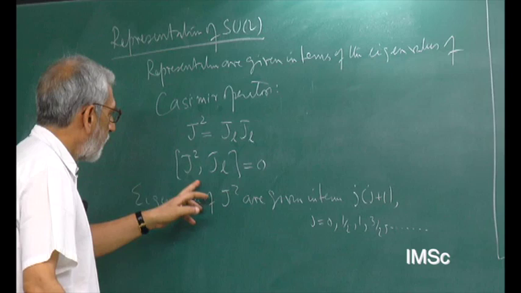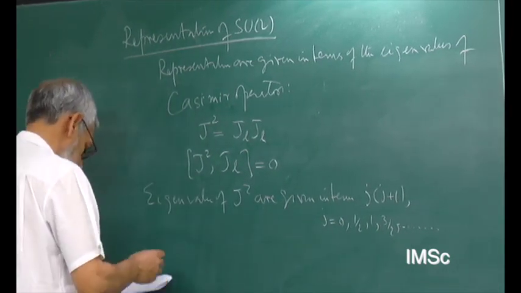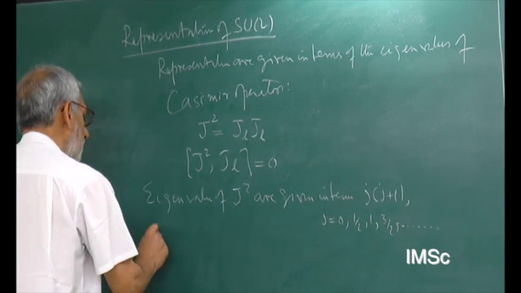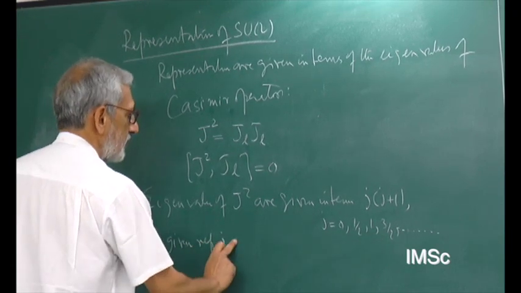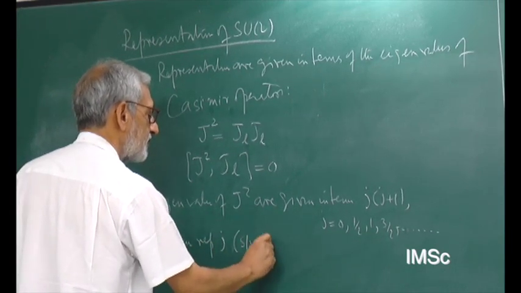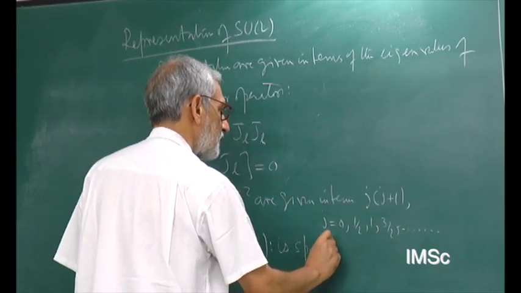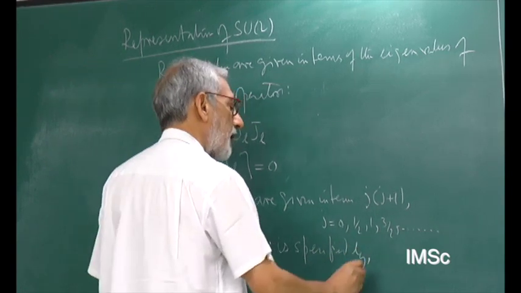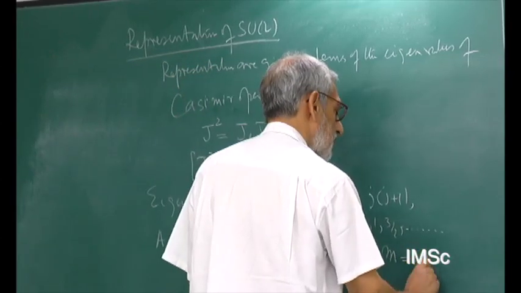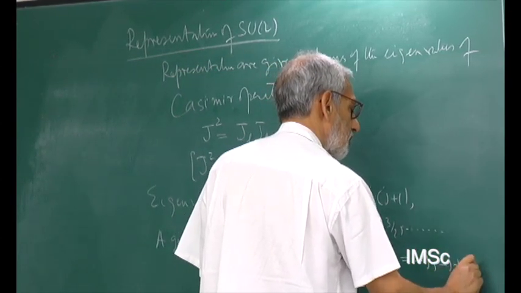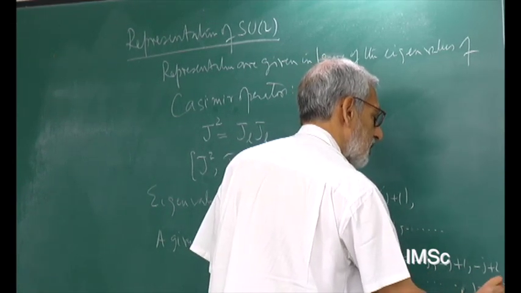And a given representation j, the name for this j is spin, is specified by another label m, which takes values minus j, minus j plus 1, minus j plus 2, so on and so forth, up to j minus 1 and j.